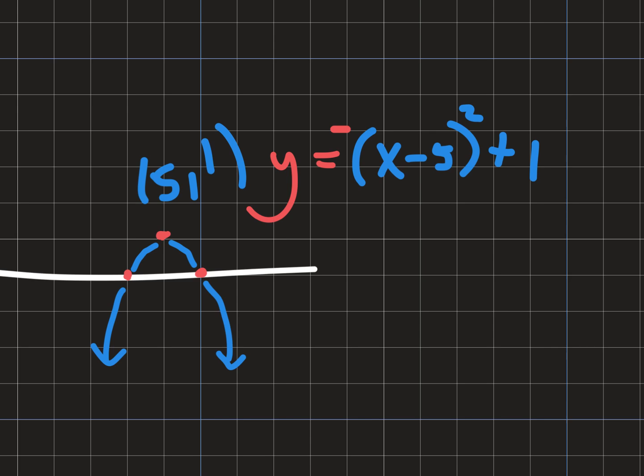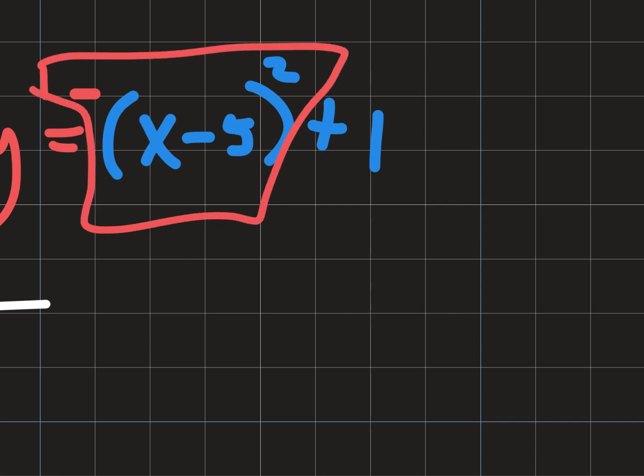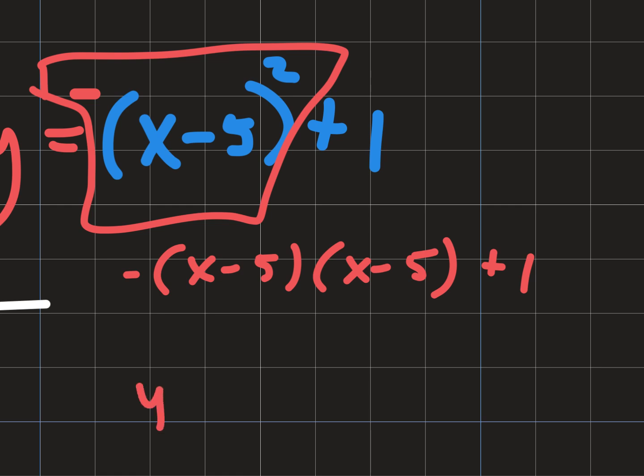Okay. Now I know that means that if you did multiply this all out, you forgot to put a negative on everything. That negative in the front there would put a negative on everything. So I'm going to jump to the ending. It would have been x minus 5 and x minus 5 and then a negative and then a plus 1. And I'm going to get y equals negative x squared.